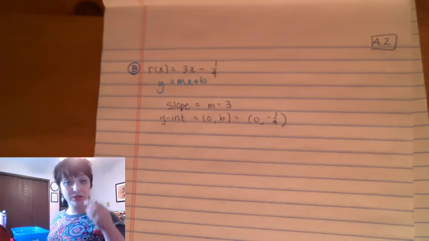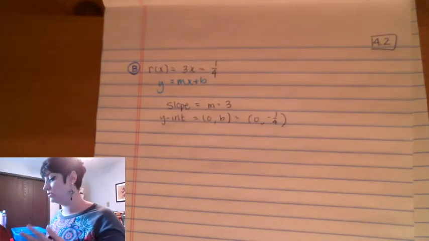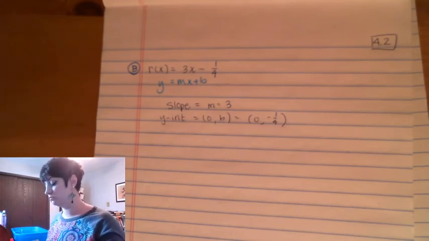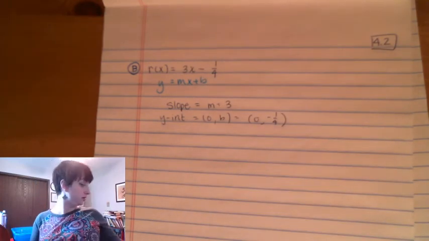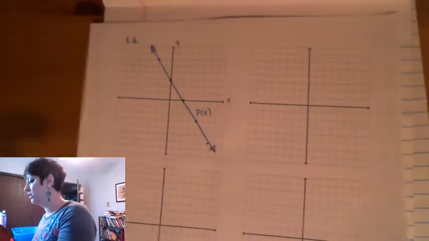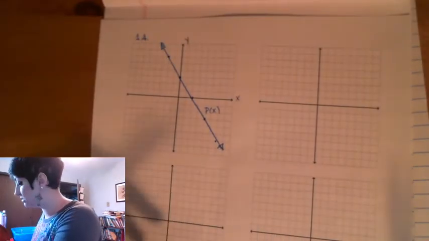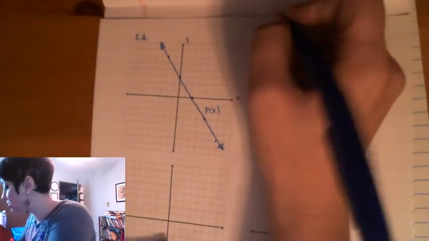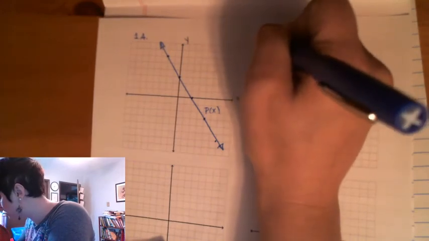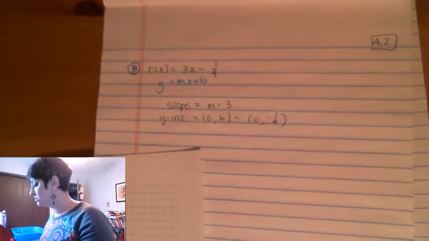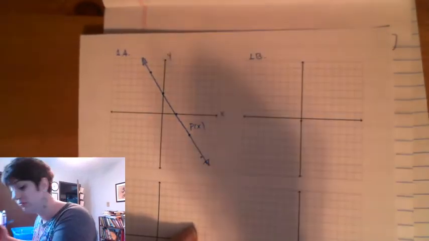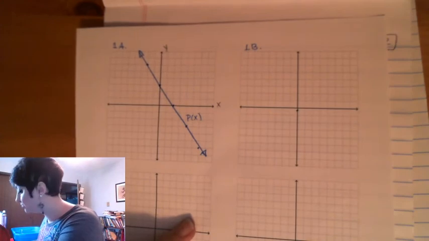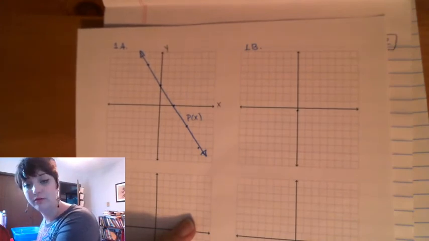Now when you're going to graph, you don't have to graph using intercept and slope. There's nothing that says that you absolutely have to do that. I'm going to grab my graph, and I'm going to show you how you would graph with this fractional intercept. All right, so intercept of 0, negative 1/4, so about here-ish, and a slope of 3.